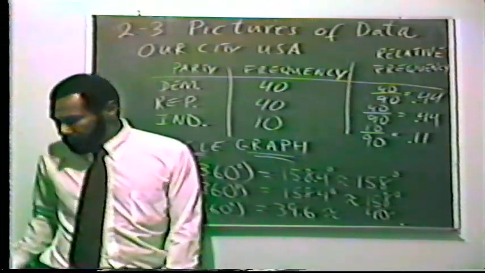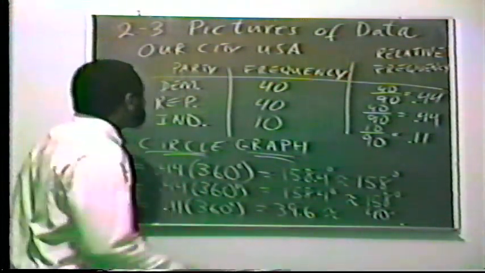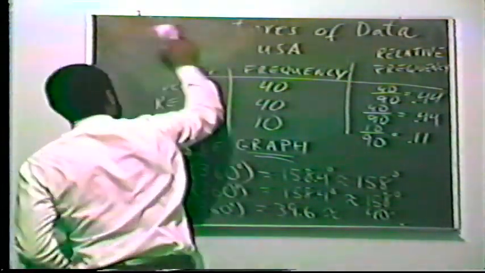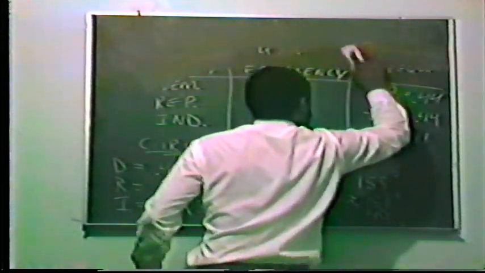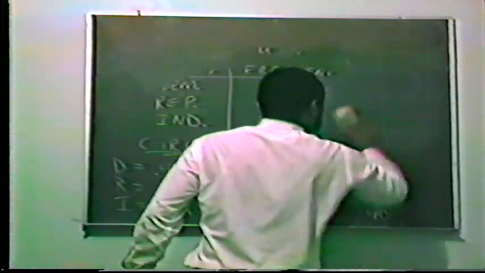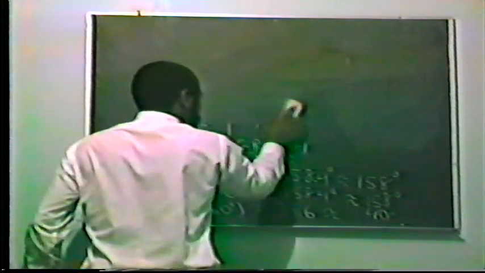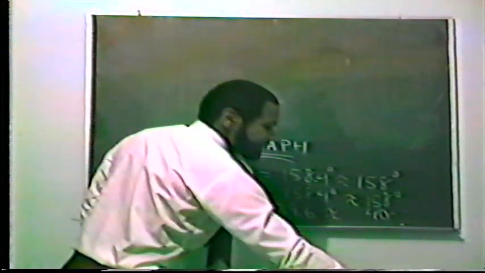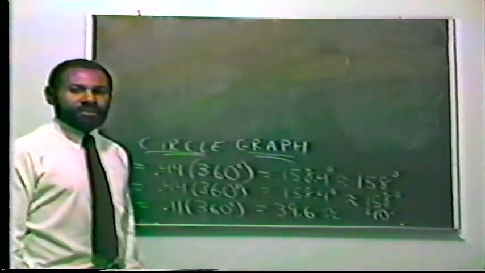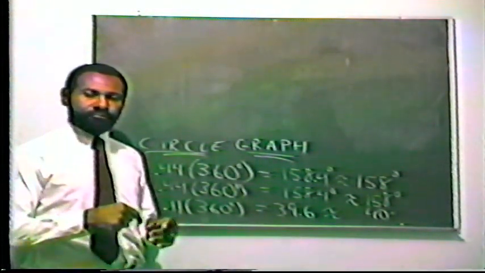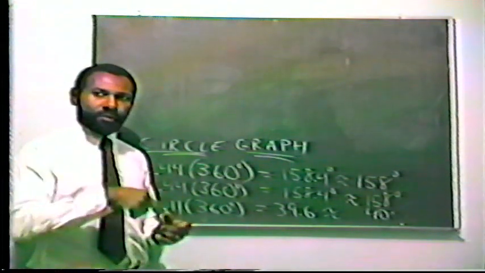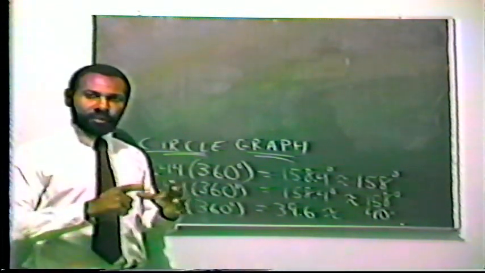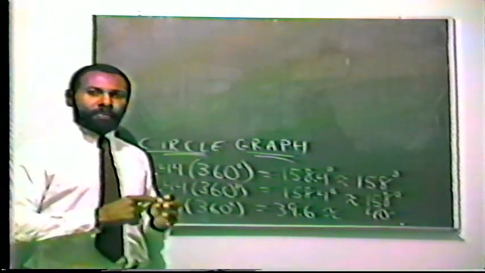Now, once we have done this, we take an object that will allow us to draw a nice round circle. We might decide to use a compass. We might decide to use a top that comes off of a jar. Anything that will allow us to draw a round circle.